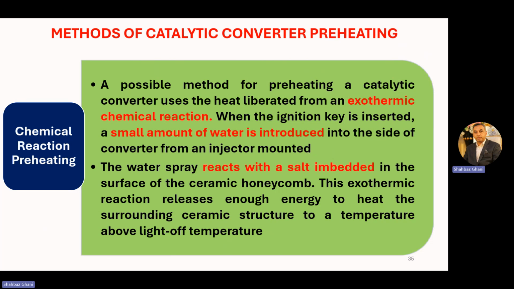That water is injected in that area, and that water spray reacts with the salt embedded in the surface of that ceramic honeycomb material. This exothermic reaction releases enough energy to heat the surrounding ceramic structure to a temperature above light-off temperature. So we can achieve 50% of the thermal converter efficiency at instant.